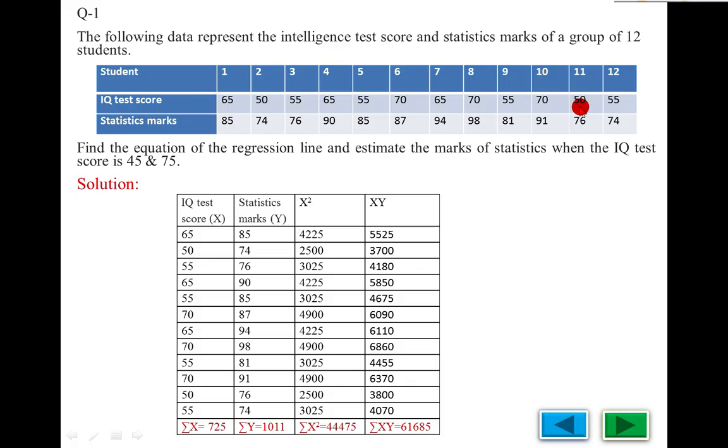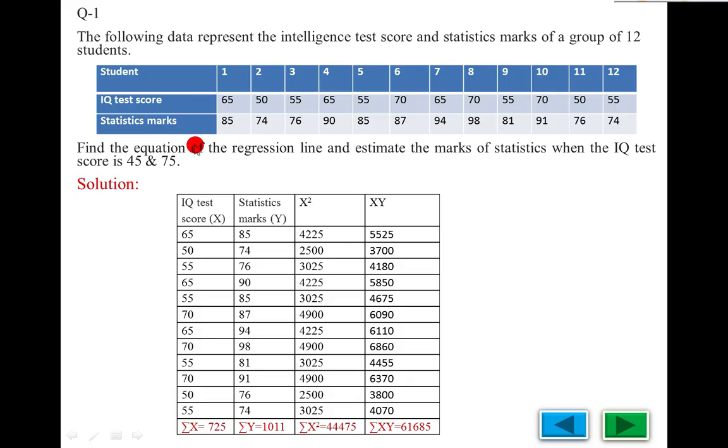Minimum value is here 50, maximum is 70. 45 is outside the range, sorry. The minimum value is 50, after 50, 55, and the maximum is 70, so 45 is outside the range, and 75 is also outside the range because the highest value is 70.